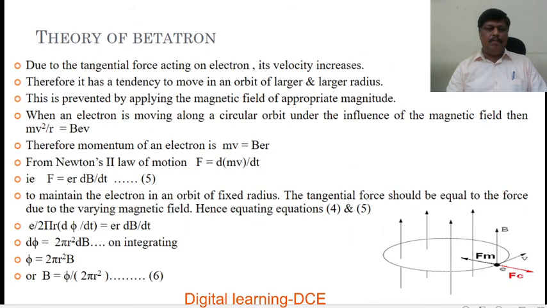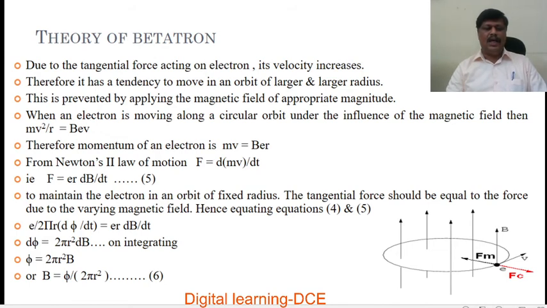To maintain the electron in an orbit of fixed radius, the tangential force should be equal to the force due to the varying magnetic field. Hence, equating equations 4 and 5. Equation 4 is e by 2 pi r into d phi by dt, and equation 5 is eR into dB by dt.